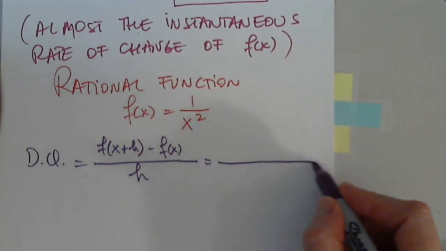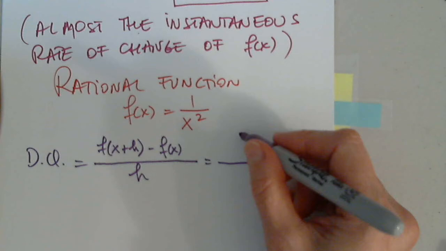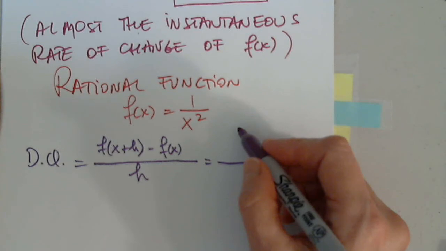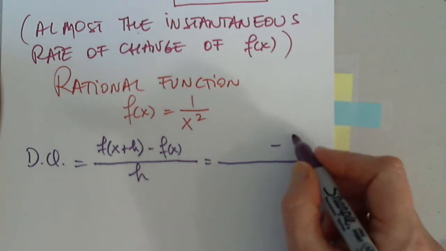That's the definition. And now f of 1 over x squared plus h minus 1 over x squared, over h.